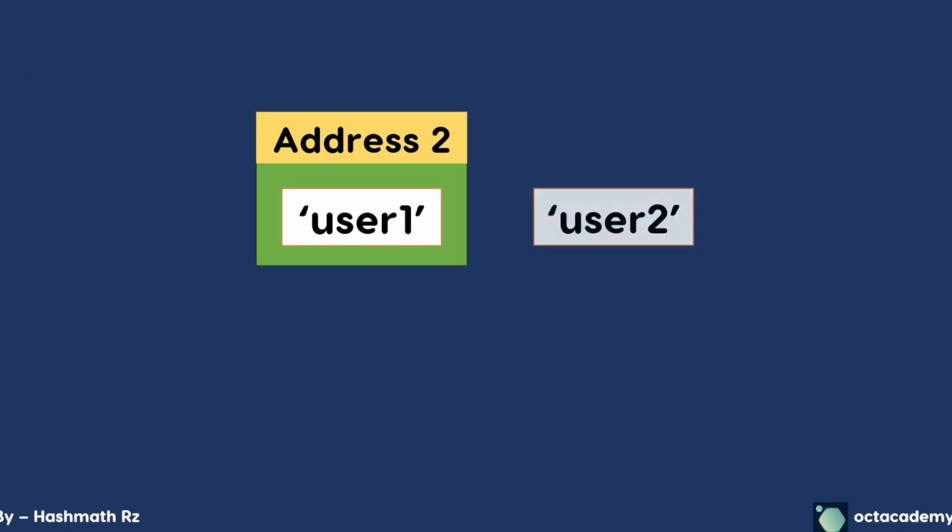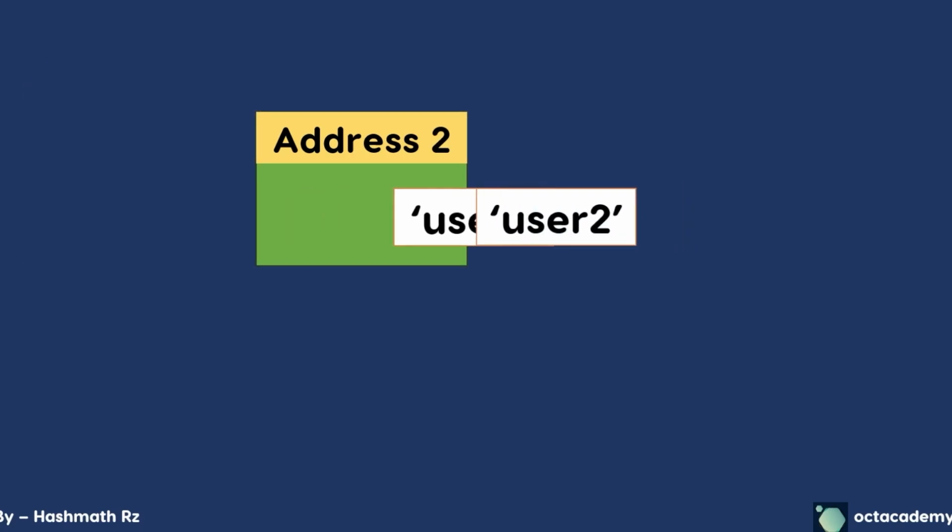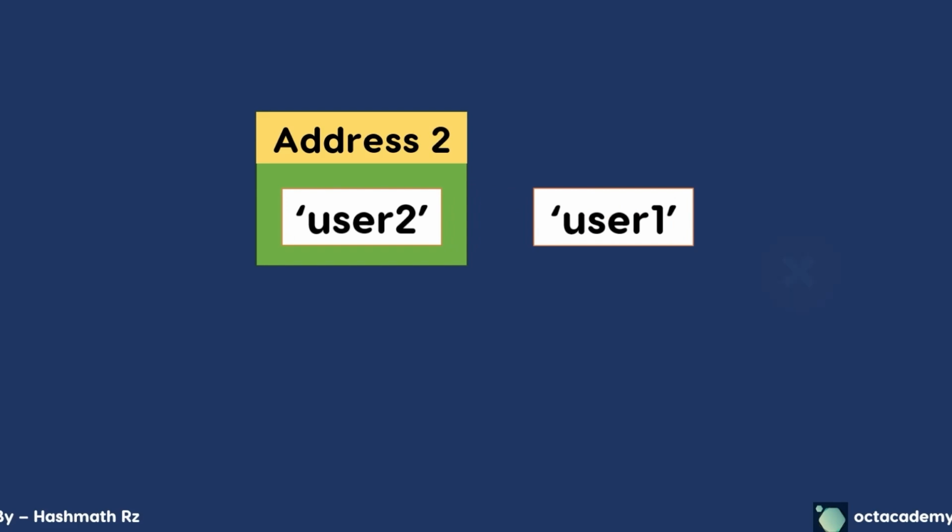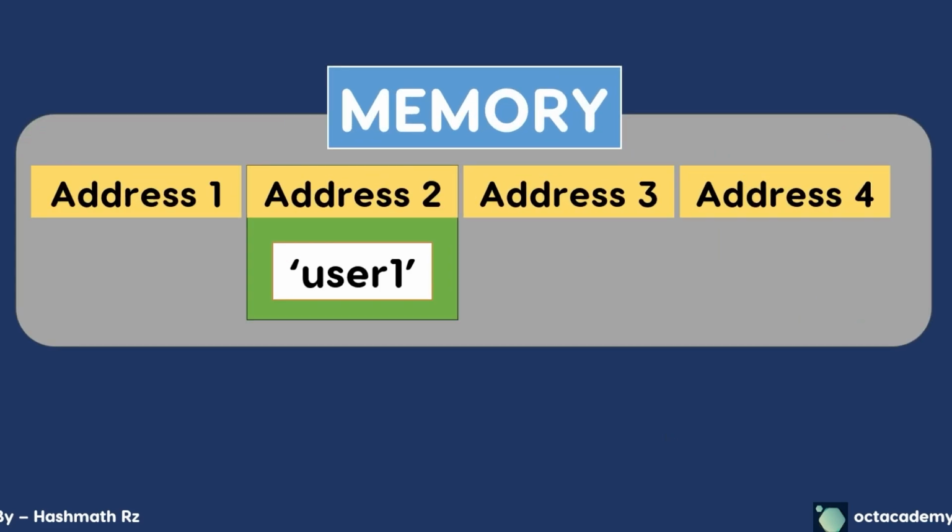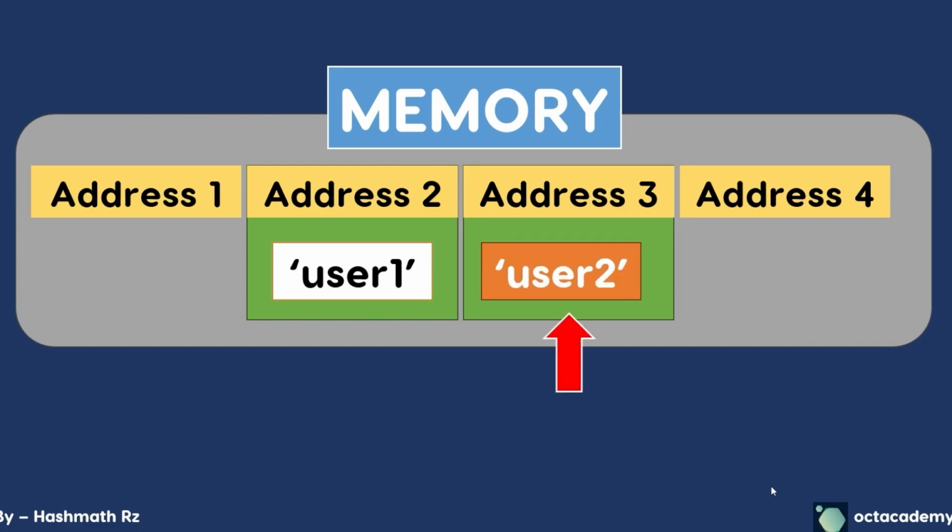Can you guys guess? You might think this will modify the previous value to the new value, but it's not. When we assign a new value, this will create another new space for that value and reallocate that variable to the new memory location, keeping the previous value.